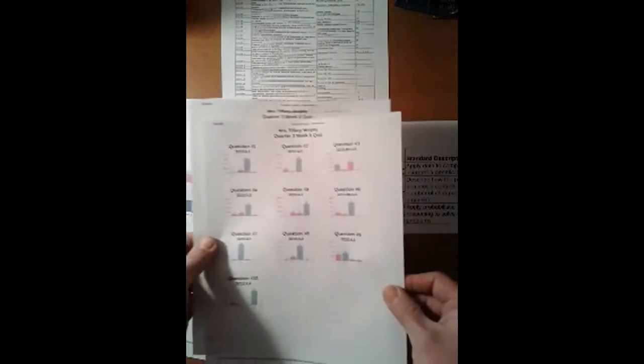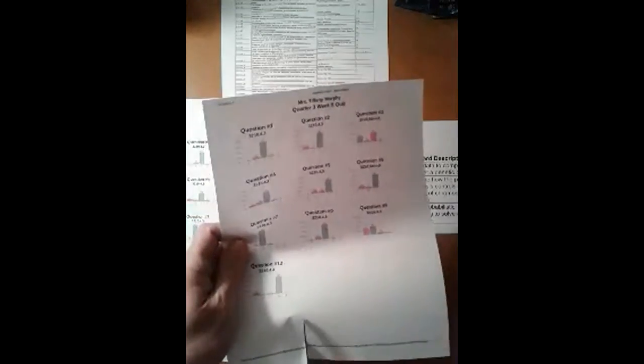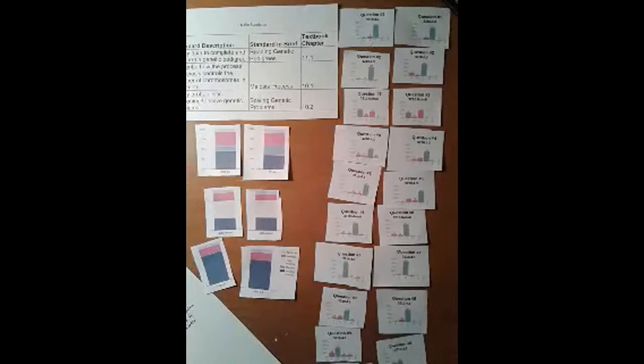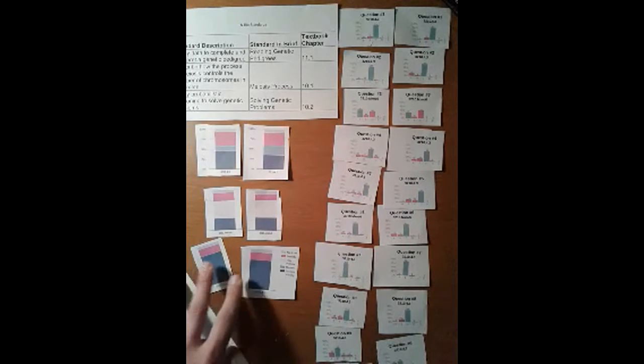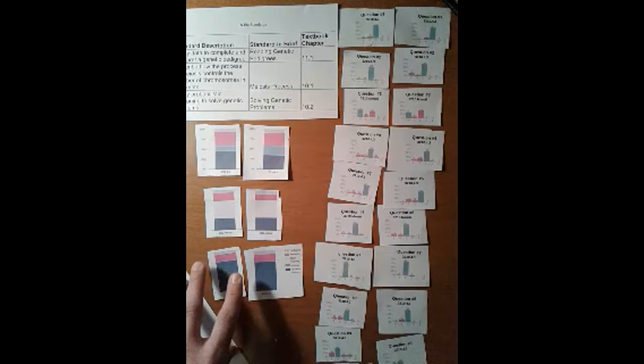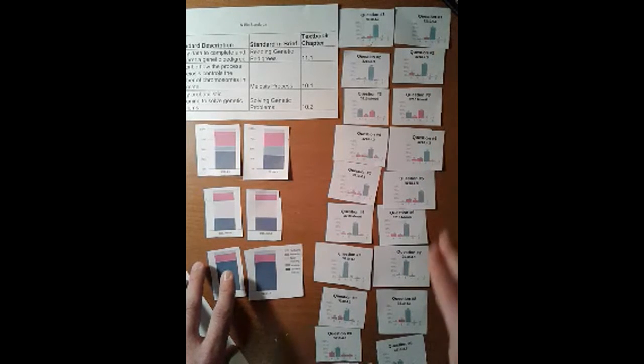Now what you need to do for this protocol is to cut out the standards, or cut out the items. Okay, so once you've cut out all of your pieces and you've lined them up with each other, you've got Miss Murphy right here.